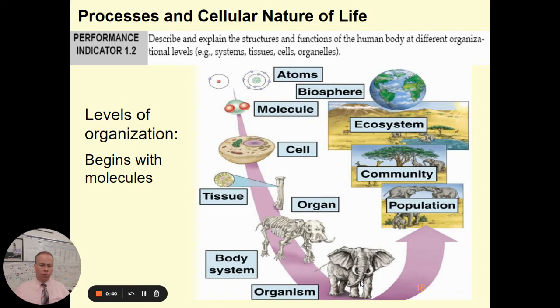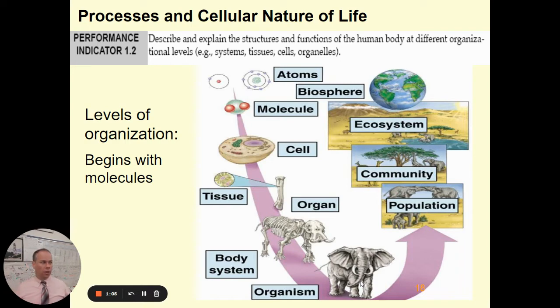Organs work together to form organ systems or body systems, which then combine to complete a full organism. So it's important to understand that pattern from cell to tissue to organ system to organism, from simplest, which is a cell, to most complex, which is the organism.